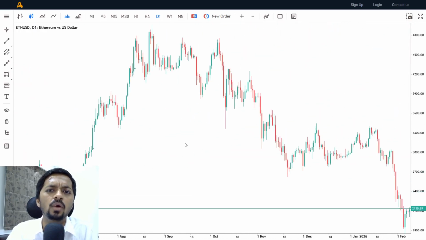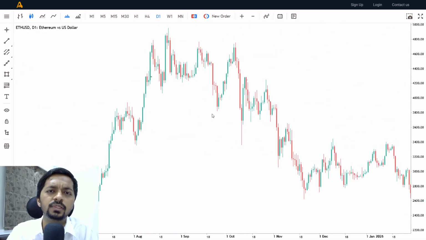Contrary to that, to spot the downward trend, what you need to do is follow the price. If price is following a series of lower highs and lower lows, then you can say that the downtrend is going on in the market.